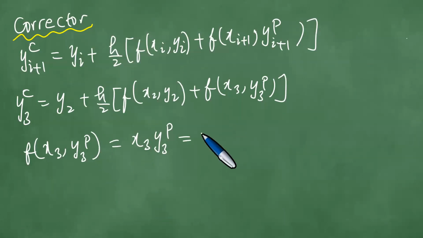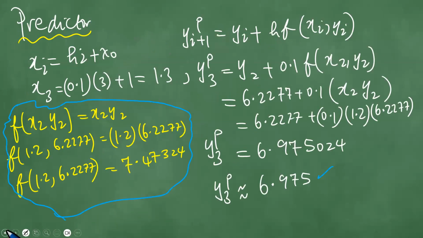What is x3? 1.3. What is the predictor? It's 6.975.